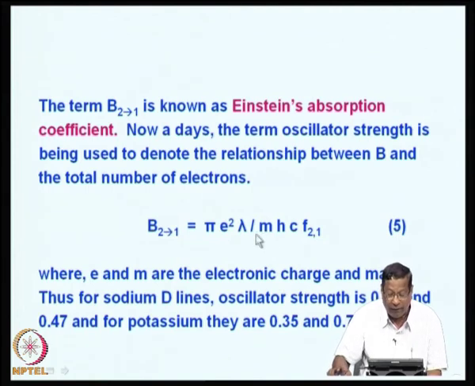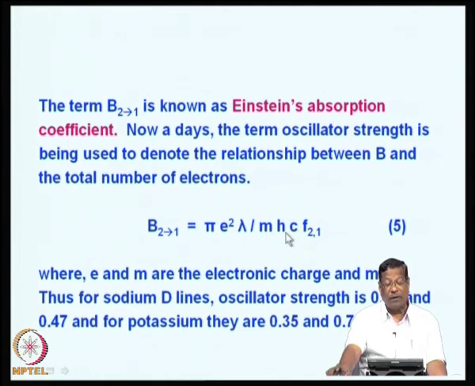So, in this equation we can say that the B2 to 1 transition is nothing but the Einstein absorption coefficient can be determined by pi e square, lambda wavelength, and another is the mass. Other things are all known, h, c, and f2 to 1 is the probability.